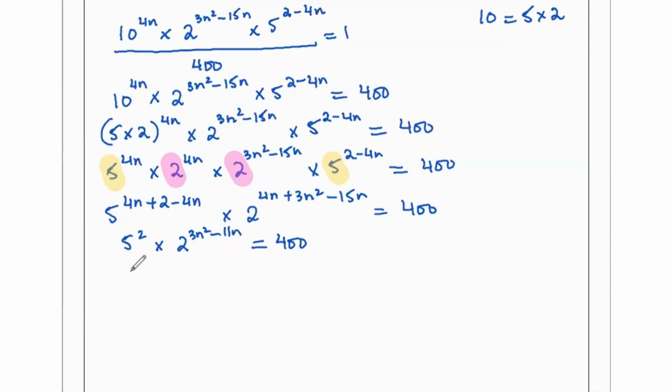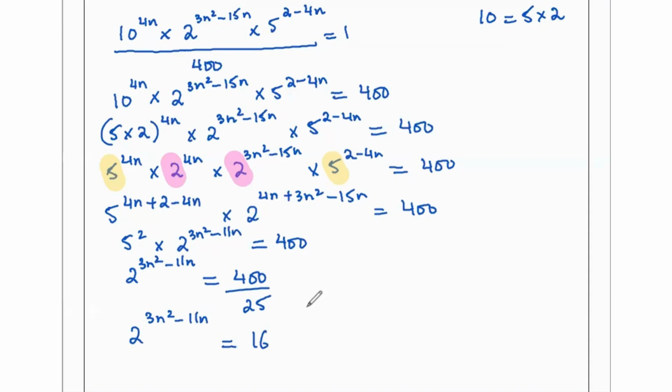5 squared is 25. So 2 to the power of 3n squared minus 11n equals 400 divided by 25. Now 400 by 25 gives us a value of 16. So 2 to the power of 3n squared minus 11n equals 16.